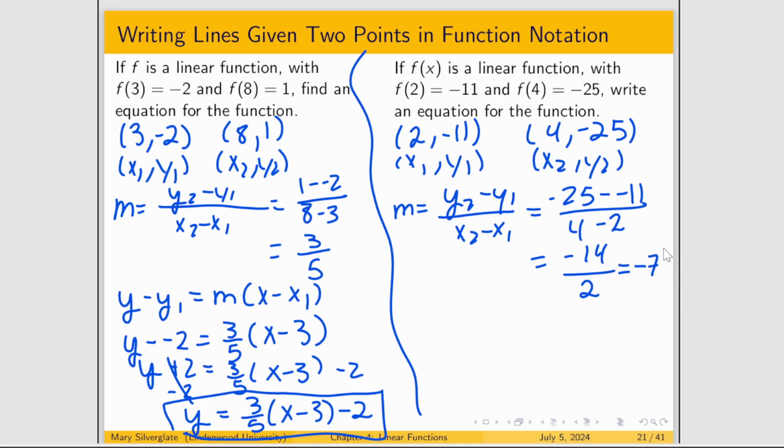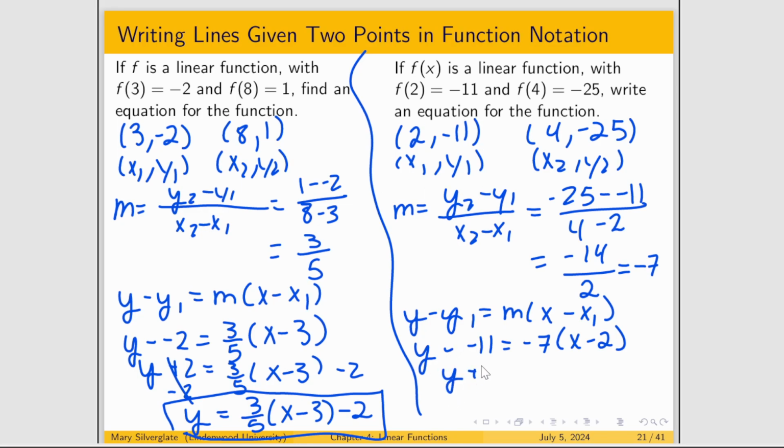So that's actually a relatively nice slope, but I'm still lazy, so I'm going to write it in point slope form. So that's again y minus y1 equals m times (x minus x1). I'm just going to keep the same x1, y1 I had before, so y minus -11 equals -7 (x minus 2). Plugging in that first point.